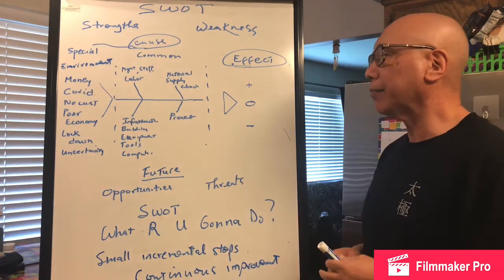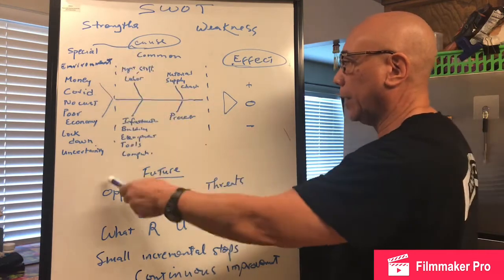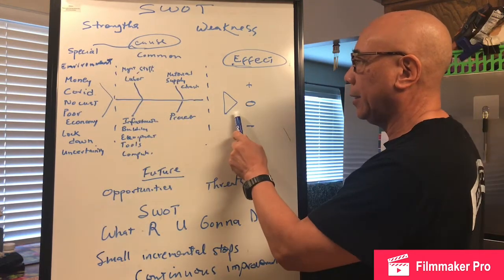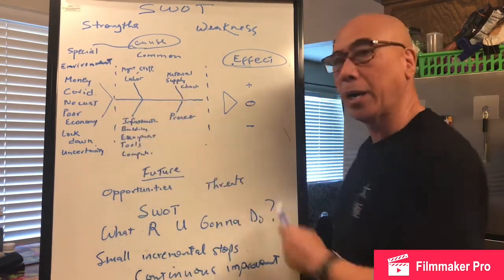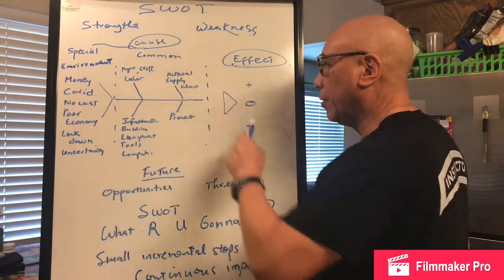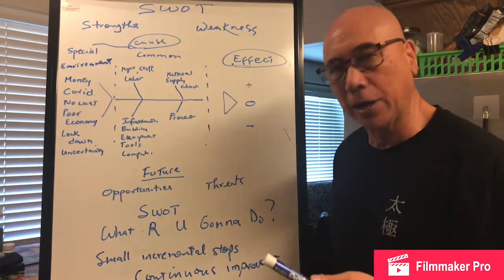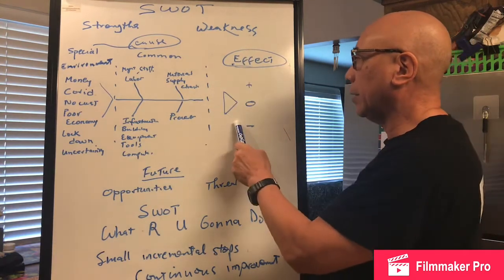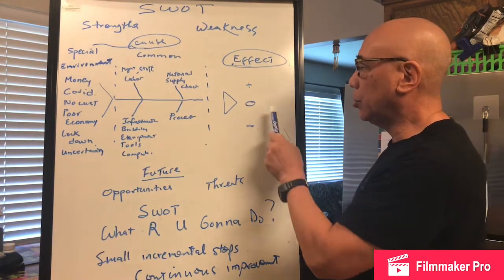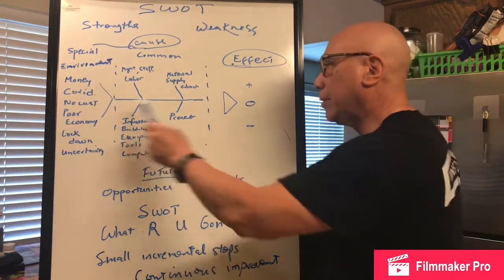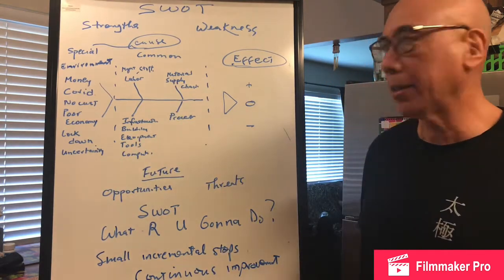In this case, the fishbone, if you can look at this, this is the head, and that's the tail, and these are the spines. Each of these areas represents a function. The effect can be either positive, neutral, or negative. What drives it is the fish's body and the tail.